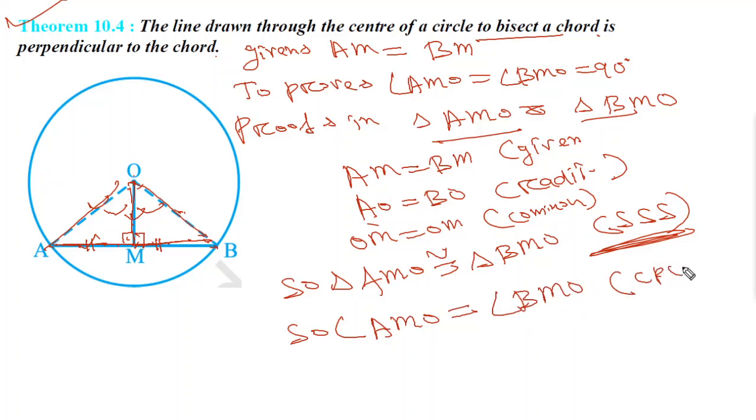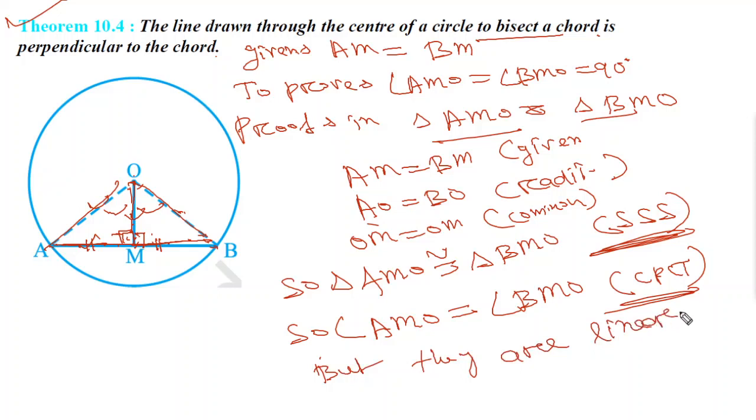So angle AMO equals angle BMO. The reason is CPCT. As these two angles are equal, also we have that these two angles are a linear pair. So as these two angles are a linear pair and they are equal, we can write angle AMO equal to angle BMO equal to 90 degrees.